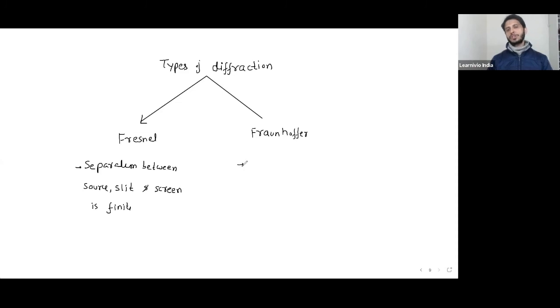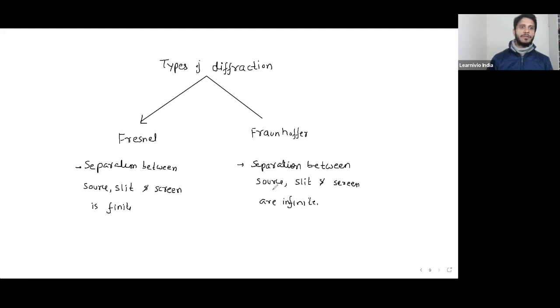In Fraunhofer diffraction, all these separations are infinite, meaning the separation between source, slit, and screen are all infinite. If separations are infinite, then the diffraction is Fraunhofer. If the separations are finite, then the diffraction is Fresnel.